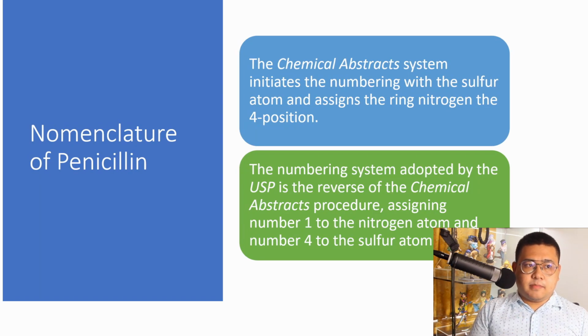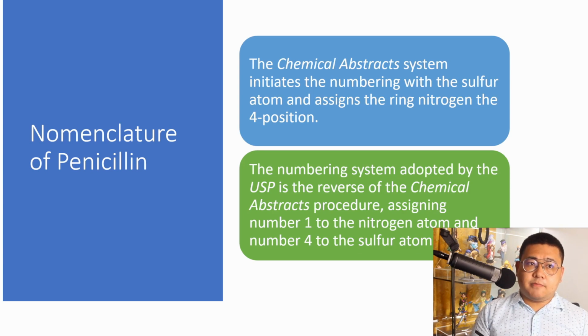So let's talk about the nomenclature of penicillin. Before we discuss our structure-activity relationship, we must first know and remember how we number and name our penicillin structure. There are actually two ways of numbering our penicillin structure. We have the Chemical Abstracts system and we also have the USP system.